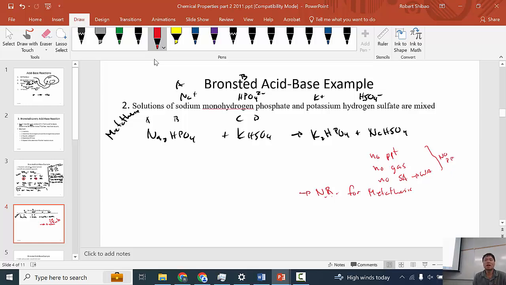Well, if it's not metathesis, then we should consider redox. What are the three types of chemical reactions? Acid base. So let me tell you, there's no redox. We'll look at redox later today. But why don't you see what the acid base reaction is here?